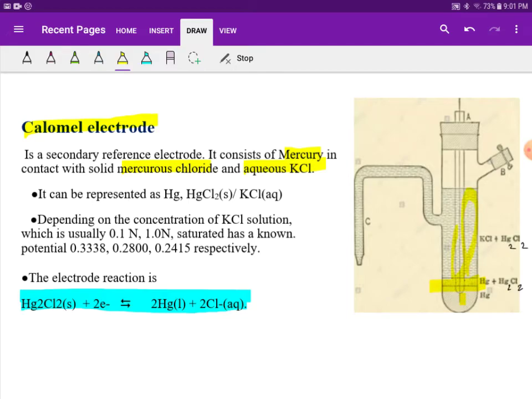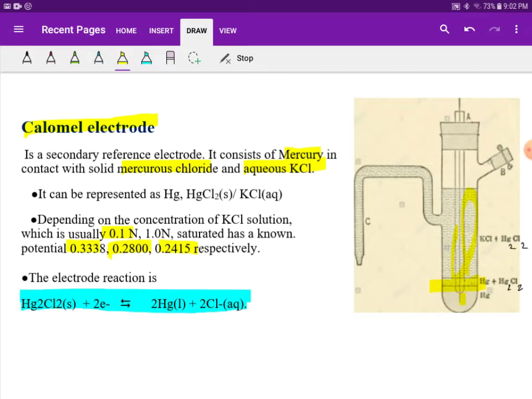Depending on the concentration of KCl solution, which is usually 0.1 normal or 1 normal or saturated, the electrode has the potential 0.3338 volt, 0.2800 volt and 0.2415 volt respectively.